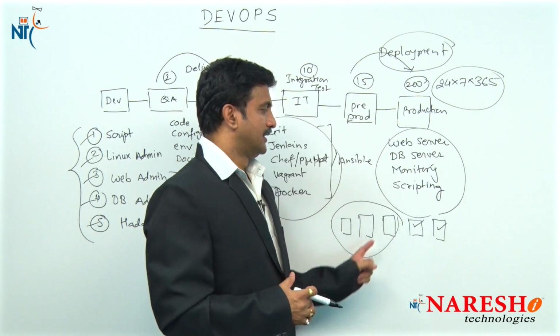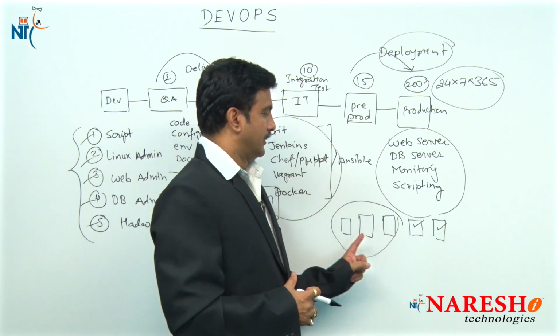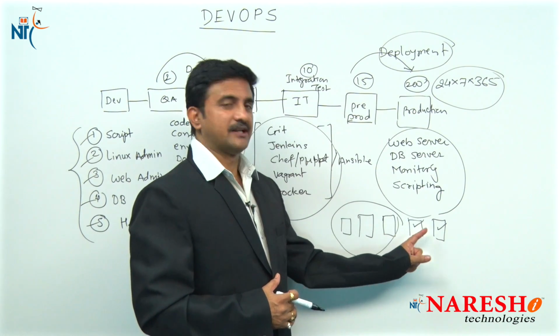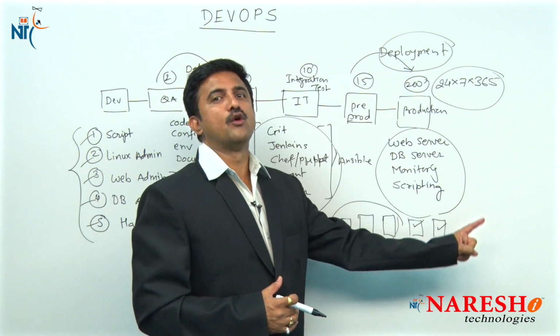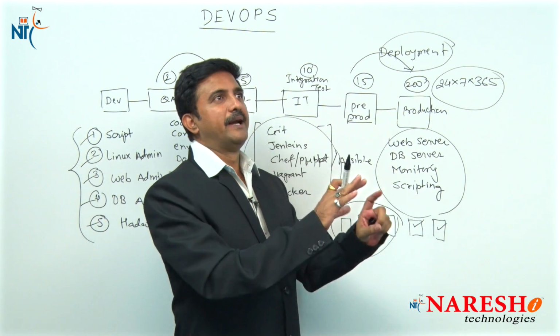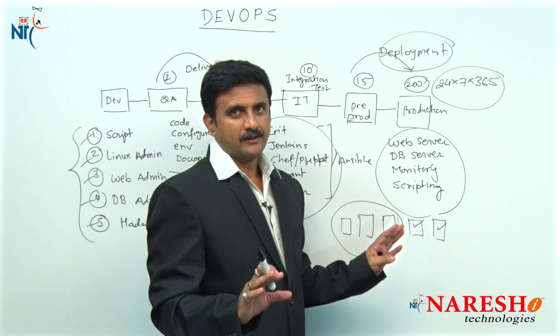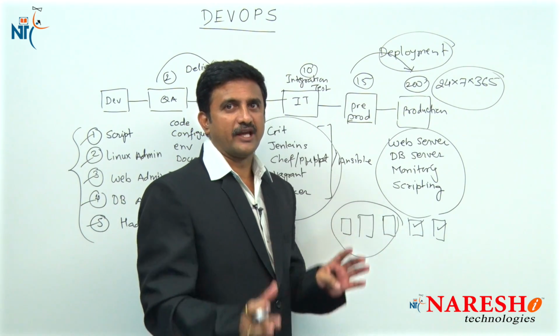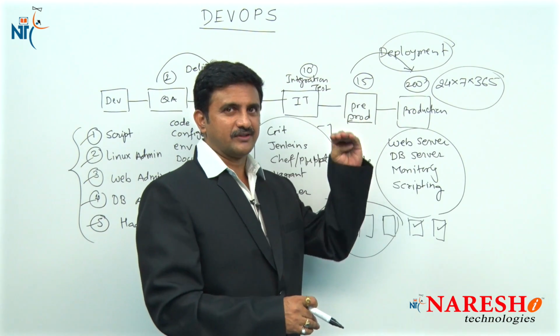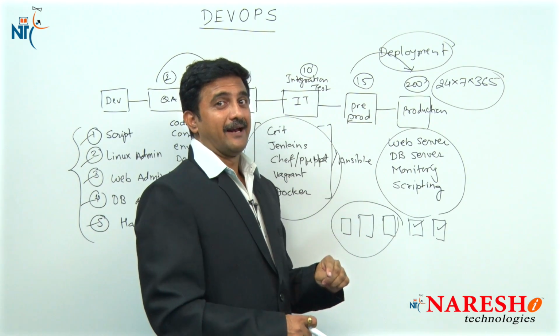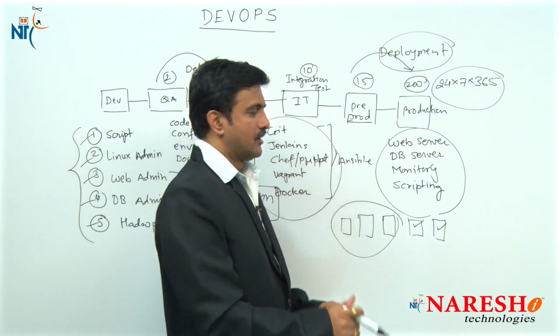This is what the people will go for. The number of customers increases, and automatically the number of servers goes on and on. At midnight 12 o'clock, the sale is done and people start logging out. That means the number of customers starts reducing, and again the automation comes into the picture.